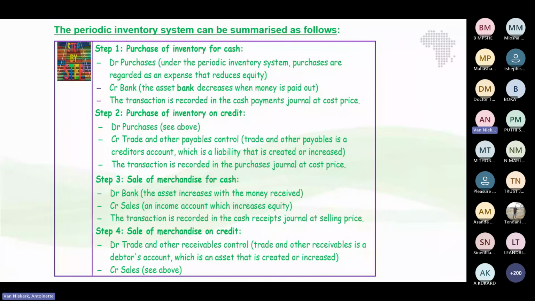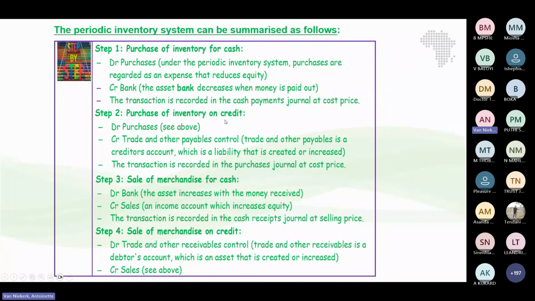In this case, we purchased on credit, so we owe money to a client or an entity where we bought inventory from. So that will mean it's the trade and other payables account that's applicable. Remember, the trade and other payables account is a liability because it's debt.